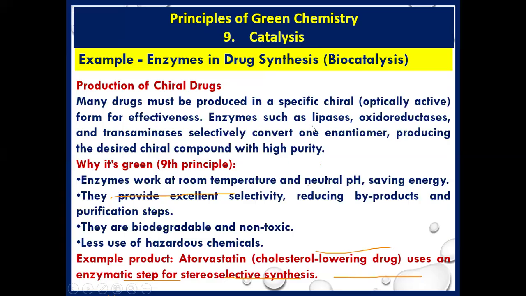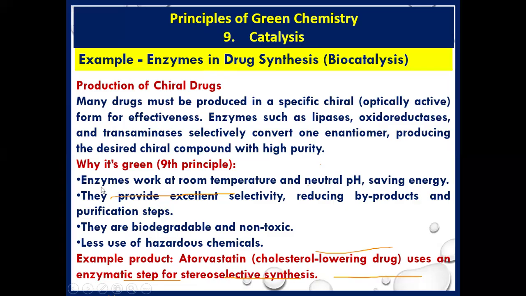So enzymes such as lipase, oxidoreductase, and transaminase selectively convert one enantiomer, producing the desired chiral compound with high purity. Why is it green?